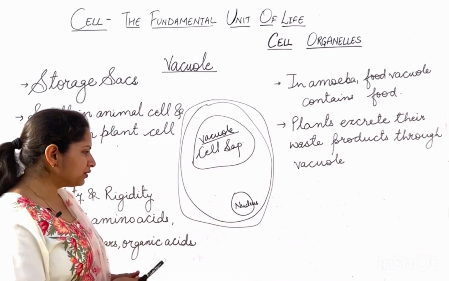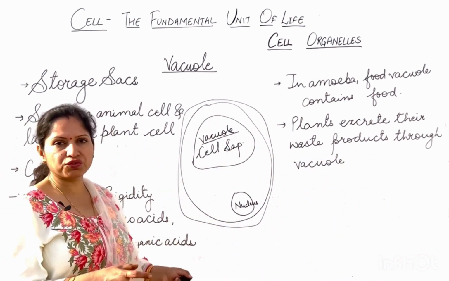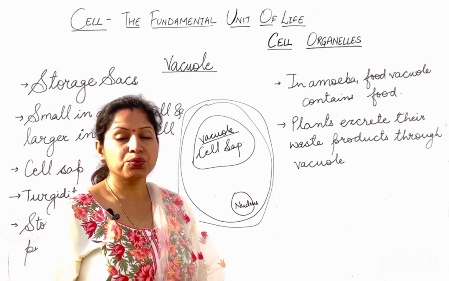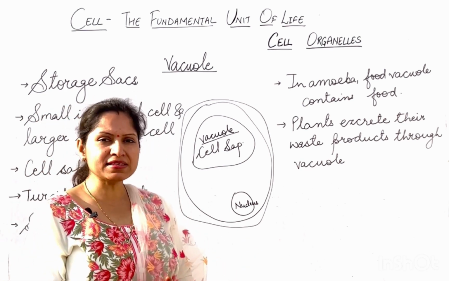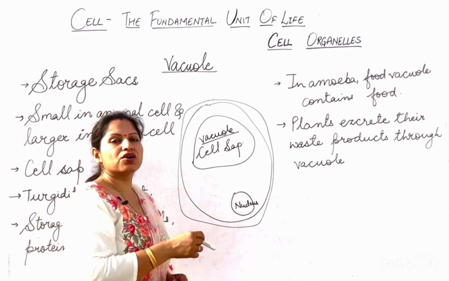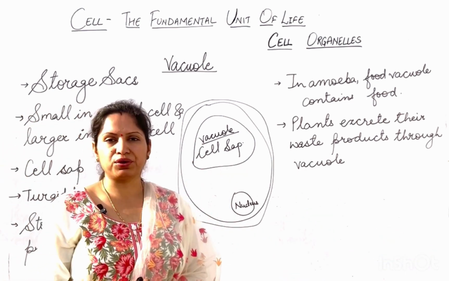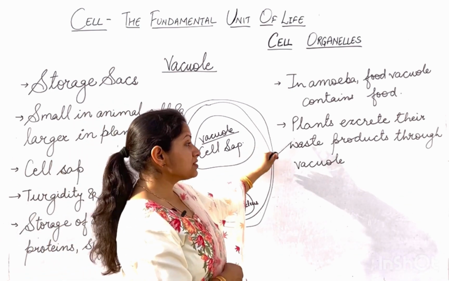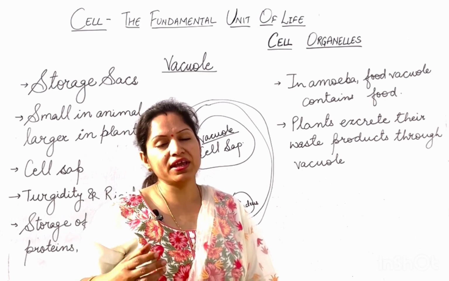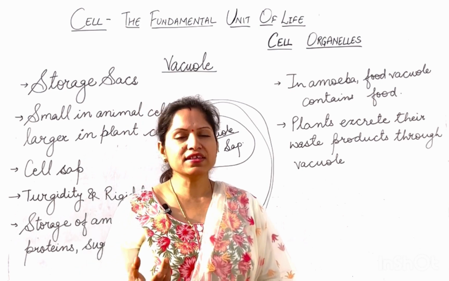In case of plant cell, the nucleus is pushed to one corner of the cell because of the presence of a big vacuole. Whereas in case of animal cell, the nucleus is at the center of the cell because the vacuole is very small. The vacuole is also used by the plants to remove waste from the plant cells.